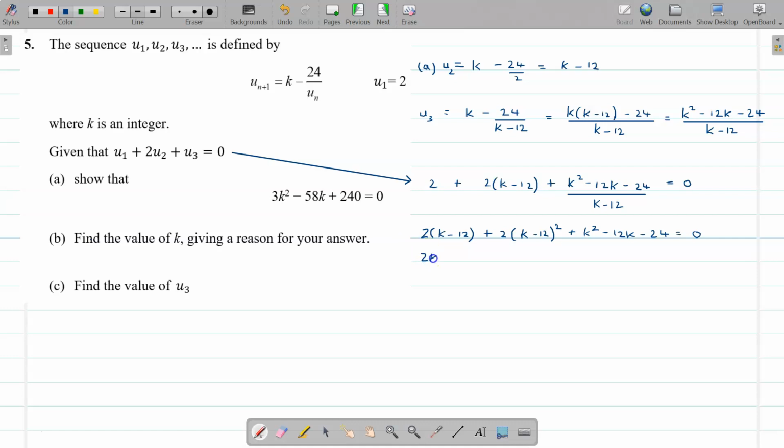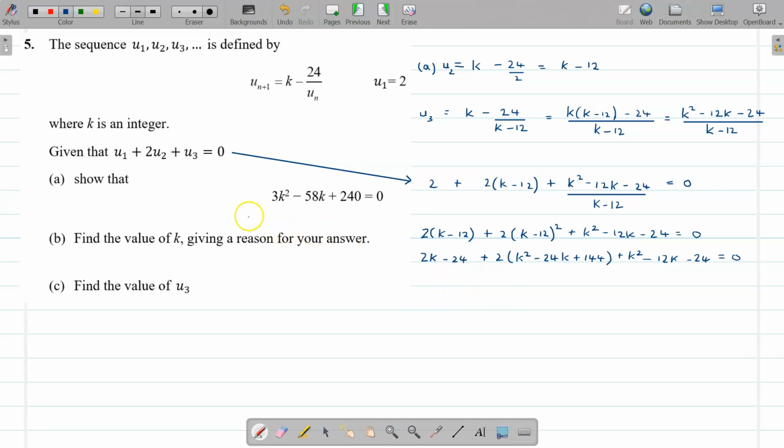I think 2k minus 24 plus 2 lots of k squared minus 24k plus 144, and plus k squared minus 12k minus 24 equals 0.